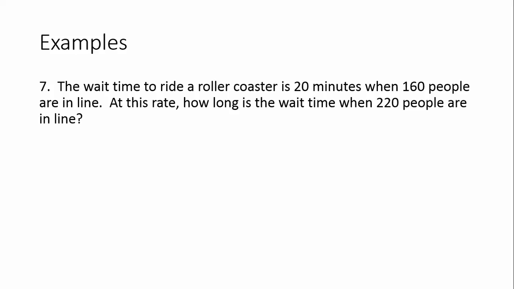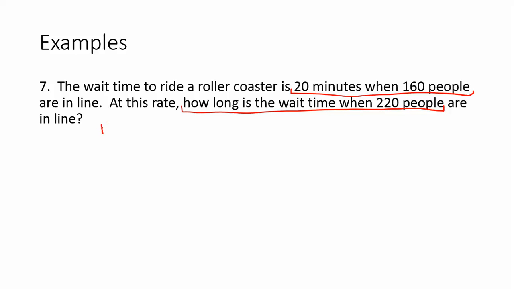We're talking about roller coaster wait time, and we have the number of minutes when a certain amount of people are in line. So what you want to make sure that you do is you keep the like parts of this problem together. So we have 20 minutes when we're talking about 160 people. And we need to know how long when 220 people are in line.